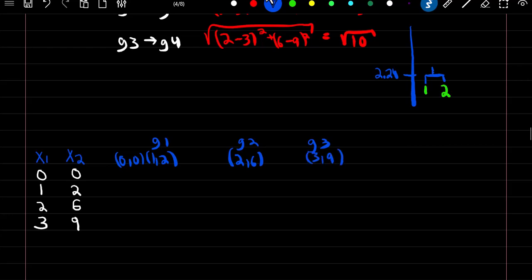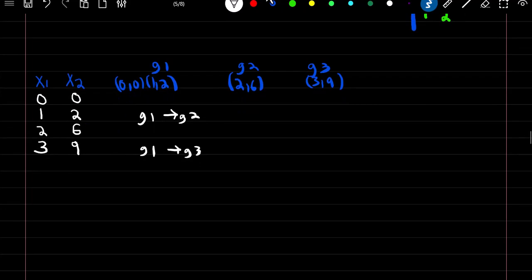So now again, we have to find the Euclidean distance between each of these 3 different groups and choose the smallest value. So our choices, we can go from group 1 to group 2, group 1 to group 3, or group 2 to group 3. So now we only have 3 possible choices.